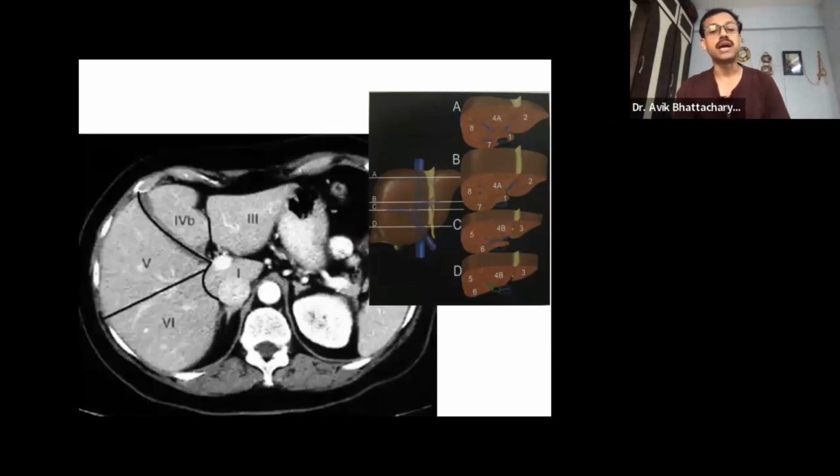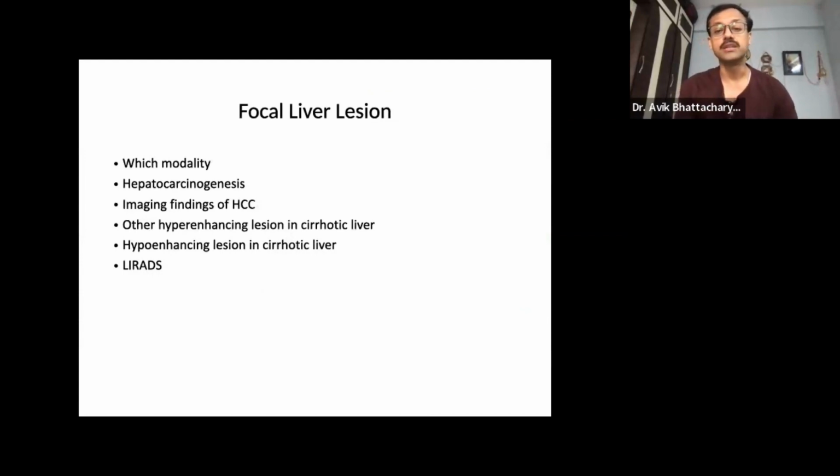To characterize different focal liver lesions, we need to know first which modality we should use. To screen for a liver lesion in a patient with liver cirrhosis or chronic hepatitis B infection, we frequently screen the liver to look for early HCC, or early detection of any cancerous lesion in liver.